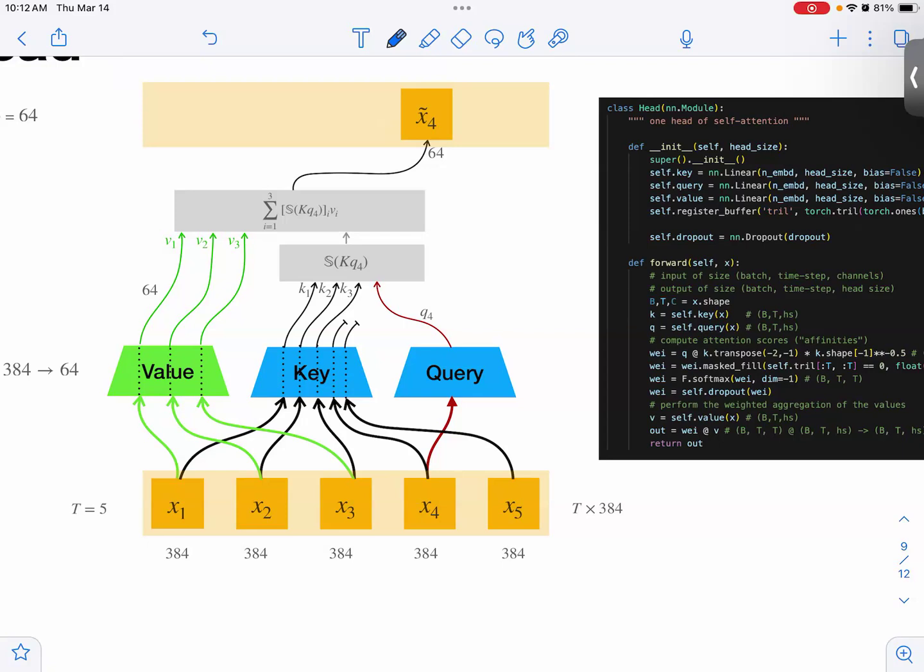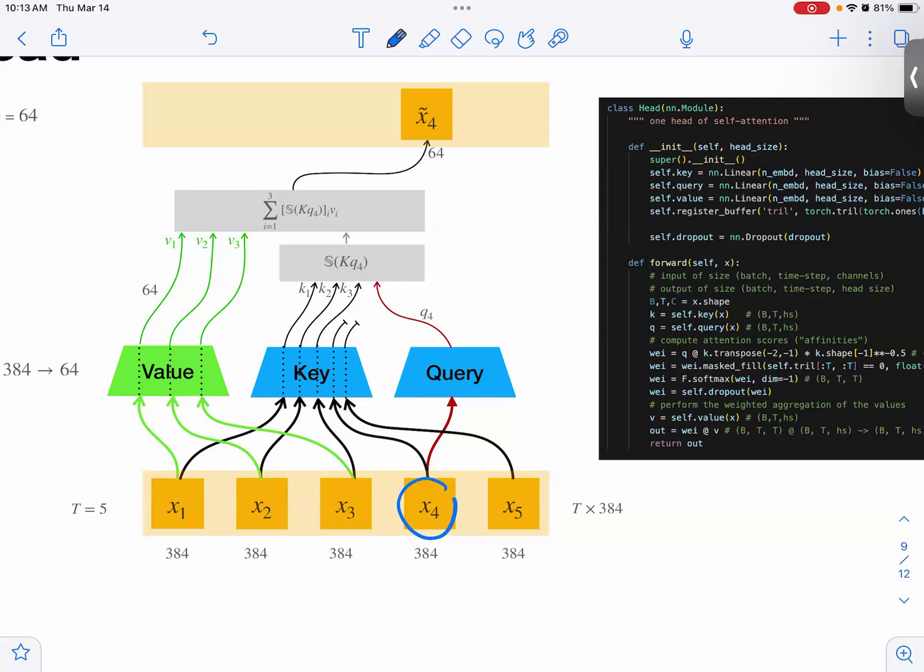And so I want to process this to gather more information. Their idea is, for example, let's say I want to process this word x4. Okay. This is the word that's at location 4. This is its combined token and position embedding.